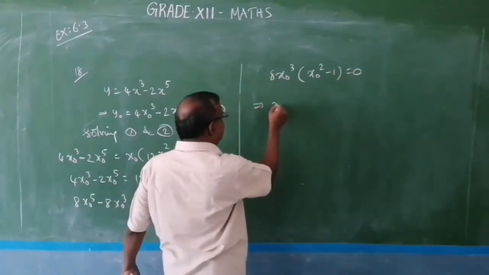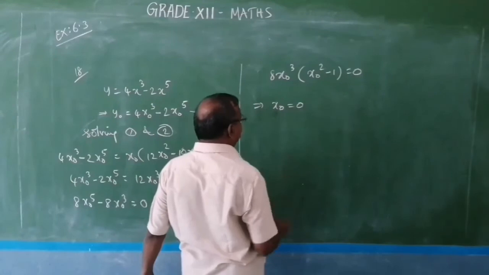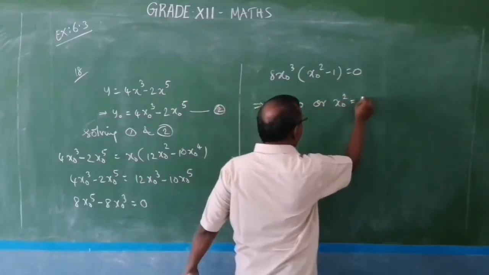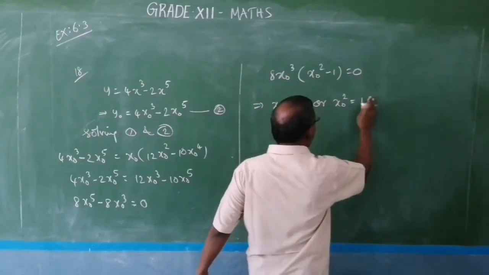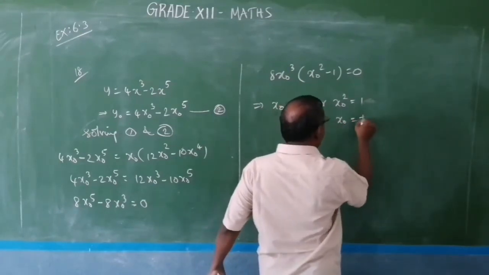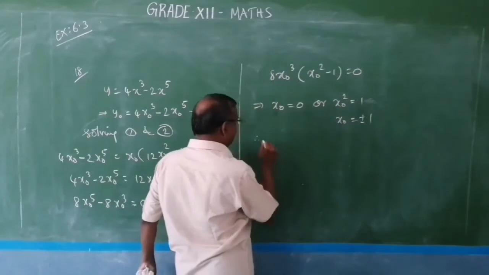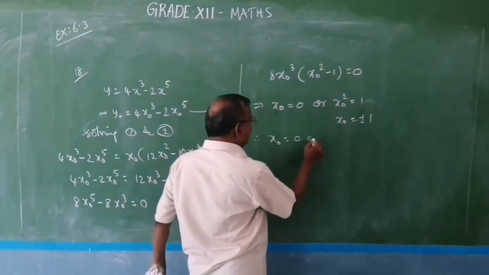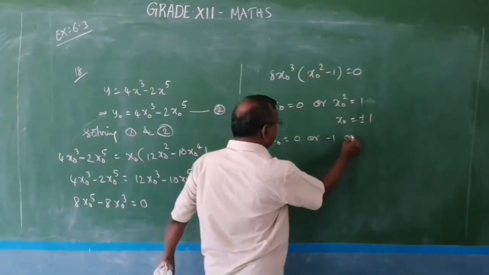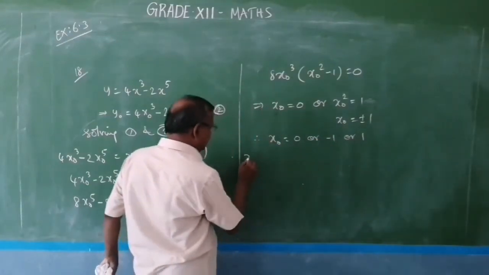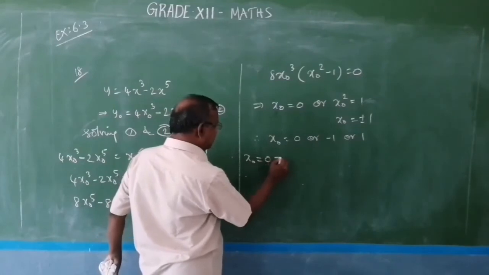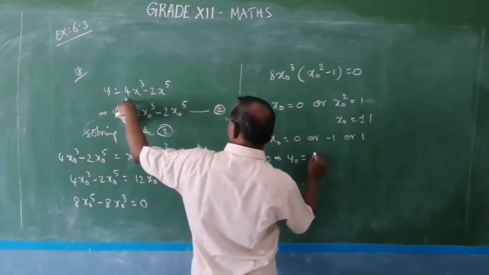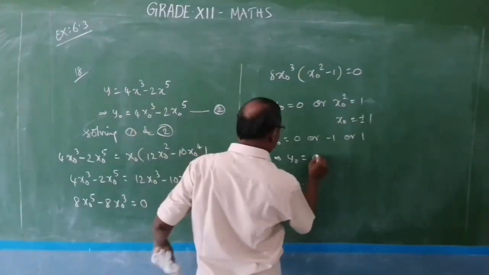This gives either x naught equal to 0 thrice or x naught power 2 equal to 1, and we have x naught equal to plus or minus 1. Therefore we have 3 points, either x naught equal to 0 or minus 1 or plus 1. When x naught equal to 0, we have y naught equal to 0.